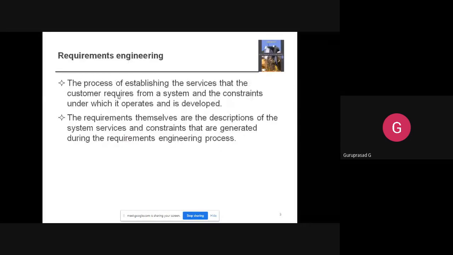Requirements engineering is nothing but the process of establishing the services that the customer requires from the system and the constraints under which it operates and is developed, correct? So we are going to identify, or elicit, the requirements. What is that process, we'll see in today's class.